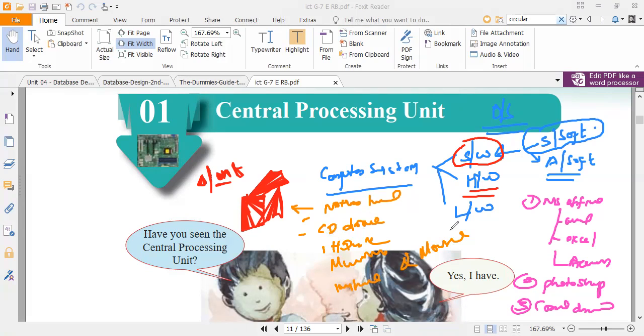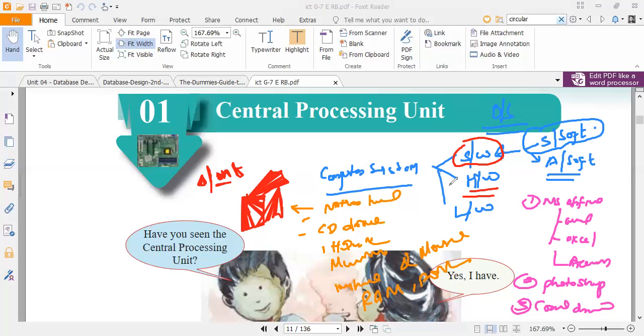Like RAM. You can find plenty of hardware items inside the system unit or else attached to the system unit.